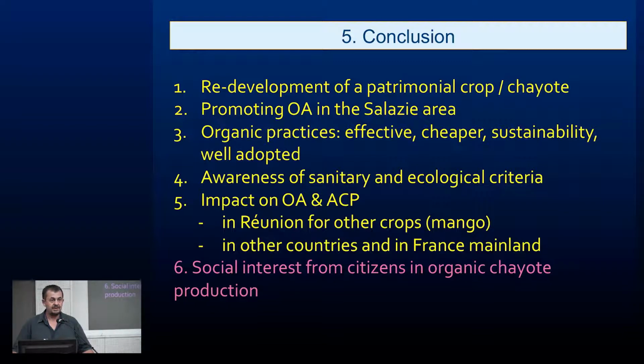These approaches took into account health and ecological criteria, and it has, of course, an impact on the development of organic agriculture, but also on agroecological crop protection development in Réunion Island, and in other countries in the Indian Ocean.